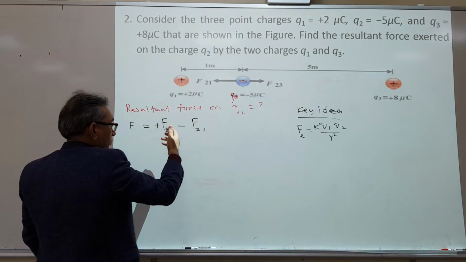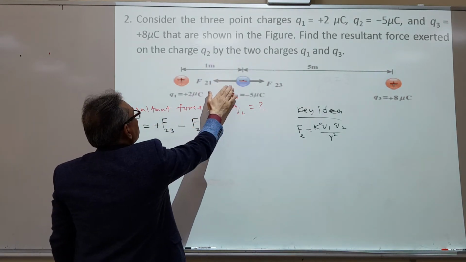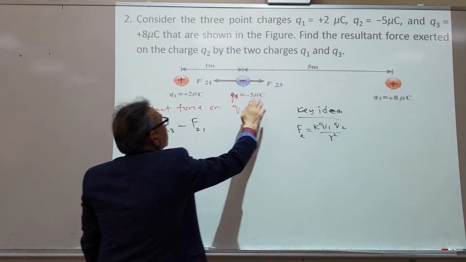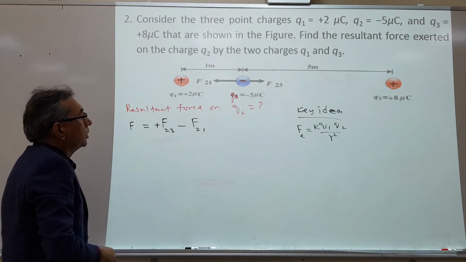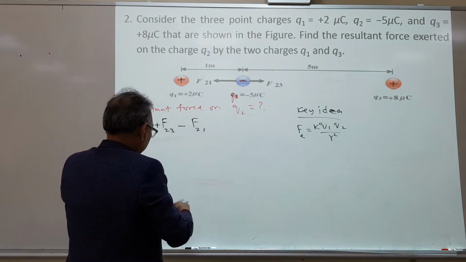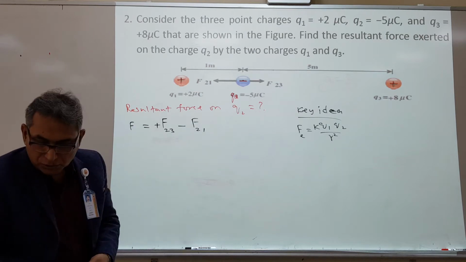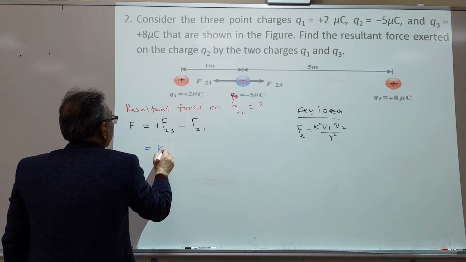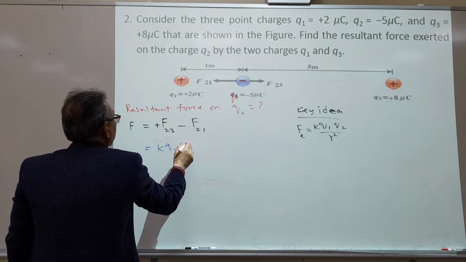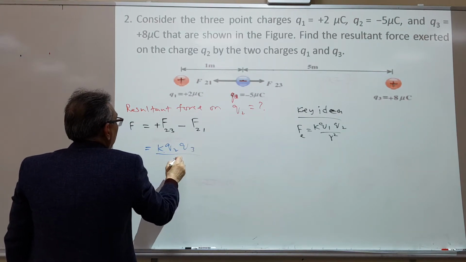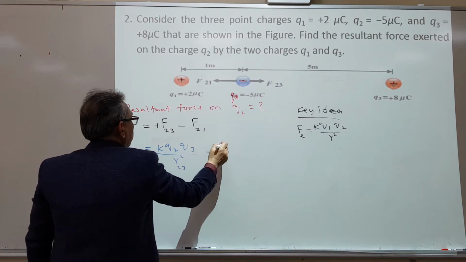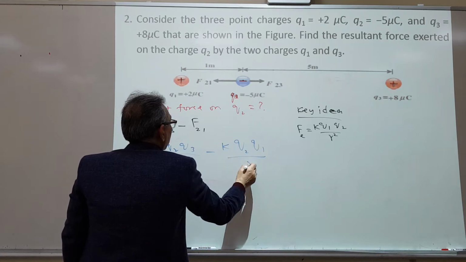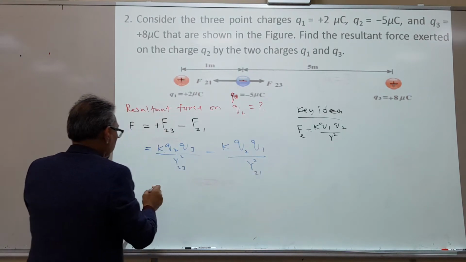Actually, we are going to find out the force on this charge due to Q1, and the force due to Q3 on Q2. We already decided the directions, and then we use the rule: K, electrostatic constant, Q2, Q3 over R23 squared minus K, Q2, Q1 over R21 squared.